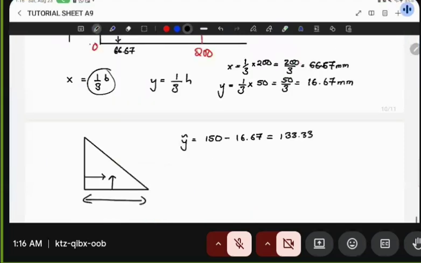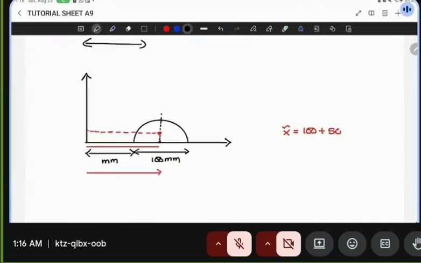The area, since it is a semicircle, is straightforward, right? Area will be half the area of a circle, so it will be half pi 50 squared.